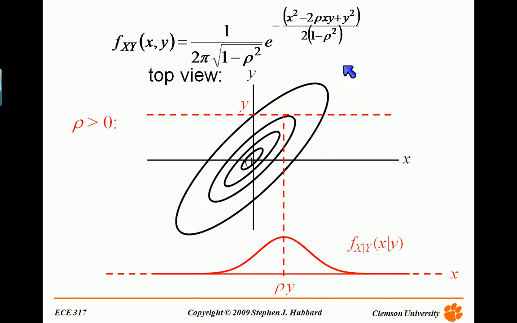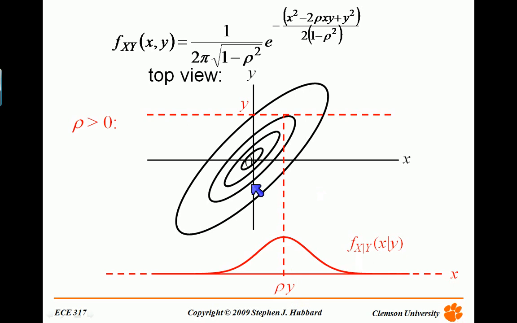Maybe a mountain range or ridge would be a better explanation. The peak is here rather than over here, because this is the point at highest elevation through the cross section. That peak just happens to be at rho times y, as we found from the other equation. This is the conditional PDF of x given y, given we observe that y is equal to that value.